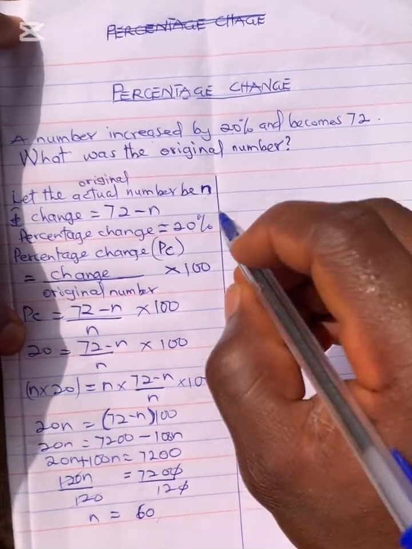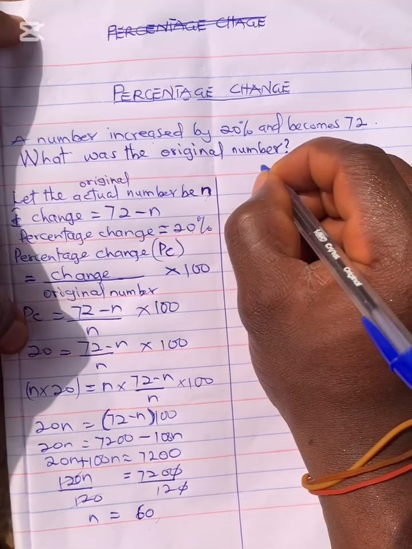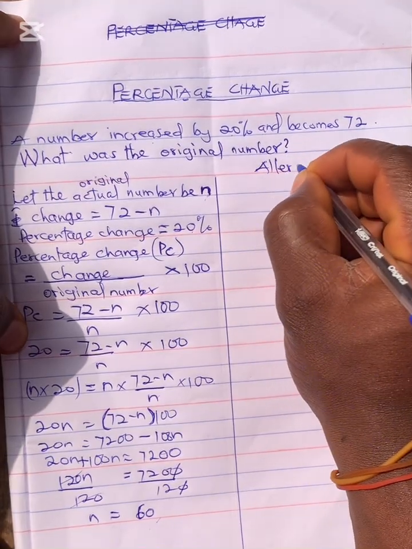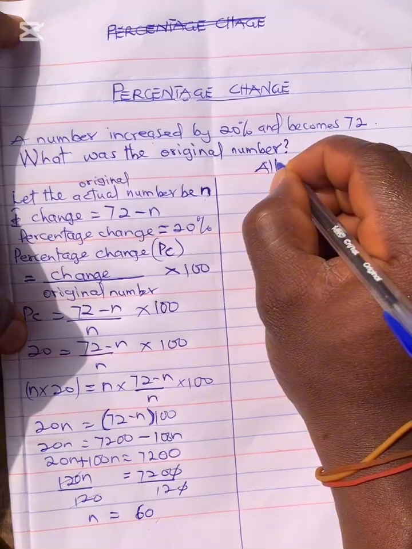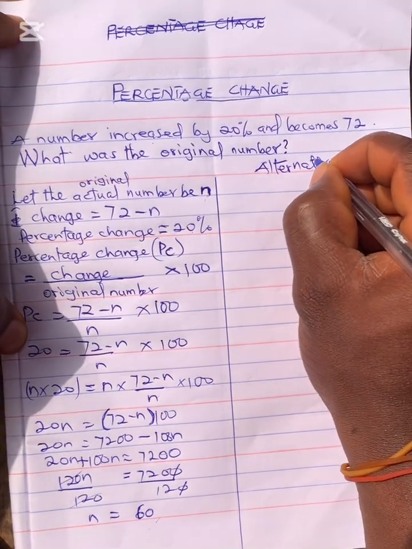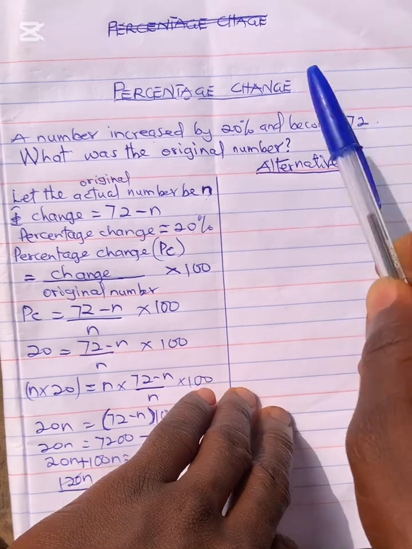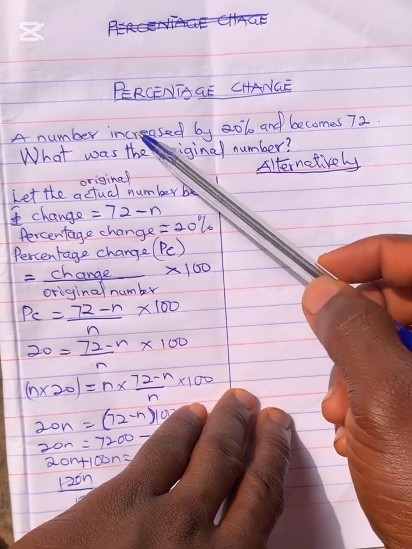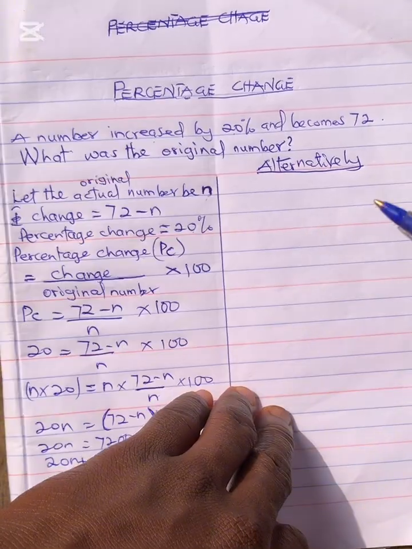Alternatively, a different form of solving this kind of question. Since we've represented the number by N, we don't have to write it here again.